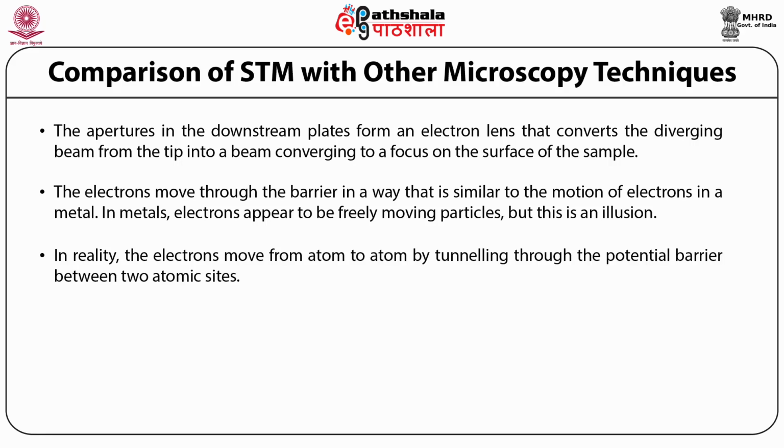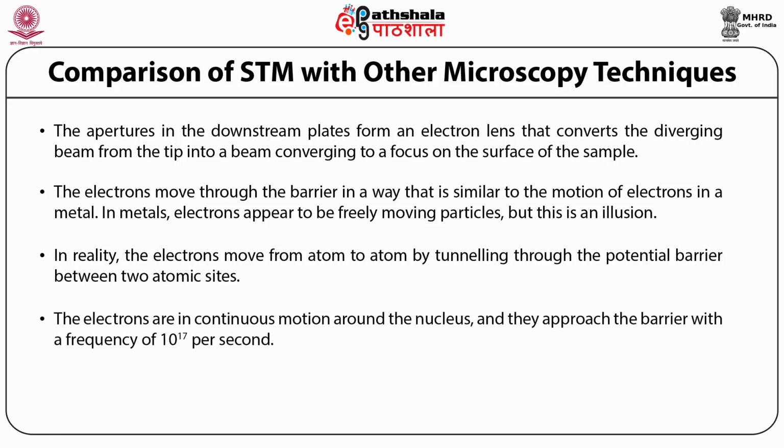In an ideal case, with the atoms spaced 5 angstrom apart, there is a finite probability that the electron will penetrate the barrier and move to the adjacent atom. The electrons are in continuous motion around the nucleus.